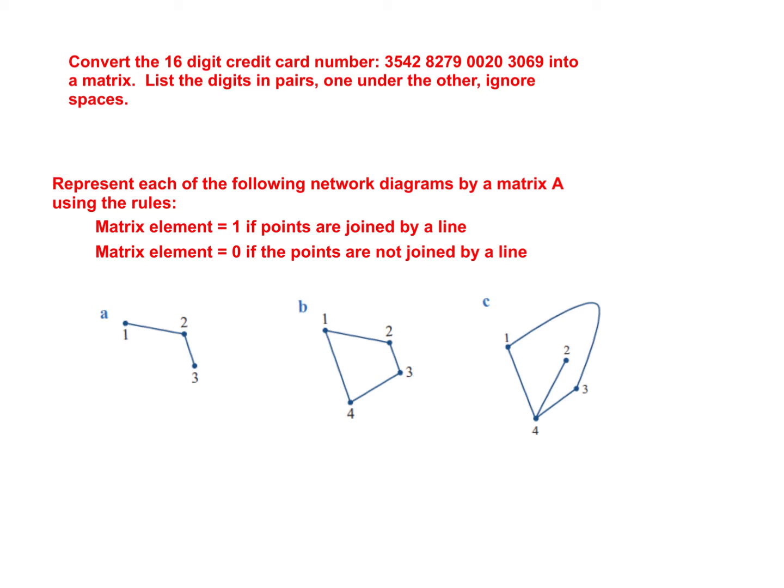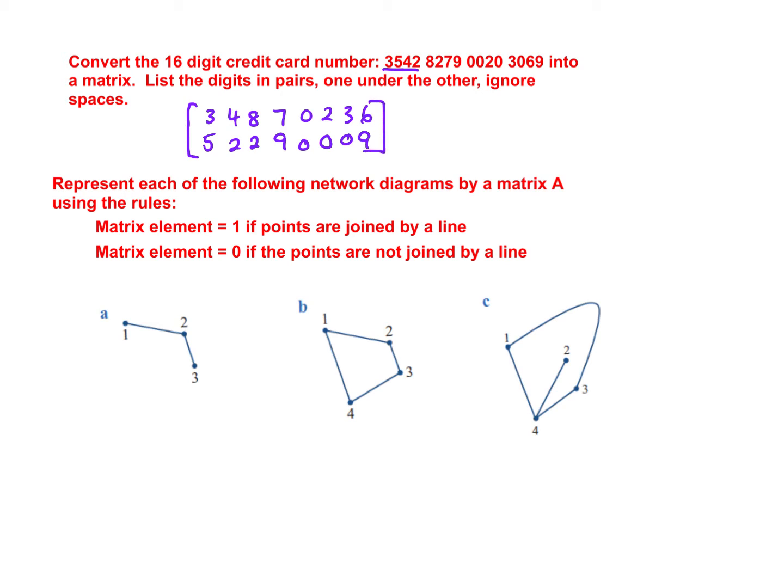This is actually how some card readers work when you swipe a card. So the first pair is 3, 5. See how I've gone that one? And then the next one would be 4, 2 underneath. What's the next one going to be? 8, 2, 7, 9, 0, 0, 2, 0, 3, 0, and 6, 9.